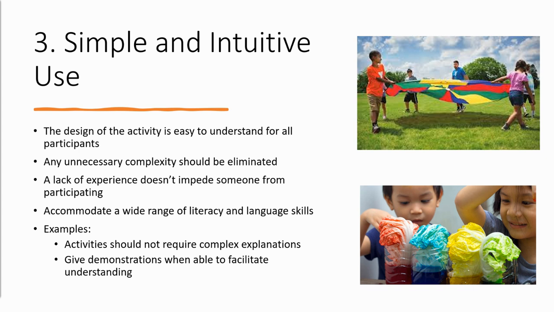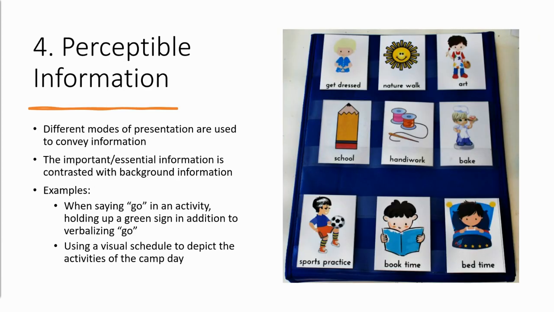So when explaining games or activities, there should not be any complex explanations required that will make participating in those activities difficult. And demonstrations should be given to facilitate understanding for all children, not necessarily just those with disabilities. So giving those visual demonstrations, just providing the information in a variety of ways to facilitate understanding.